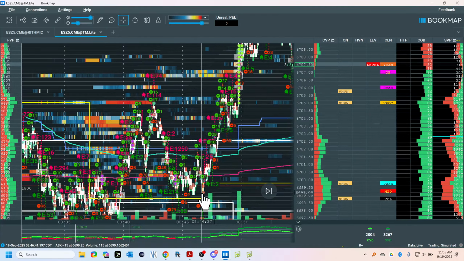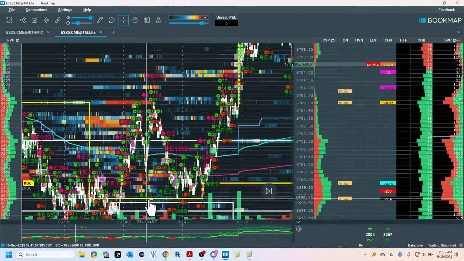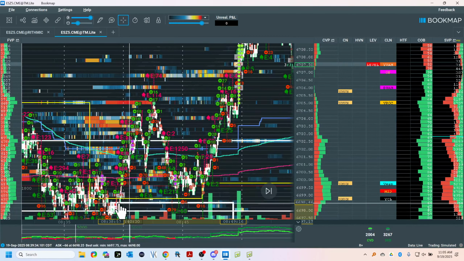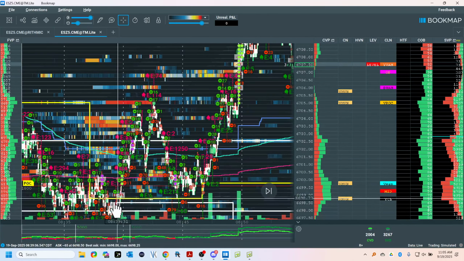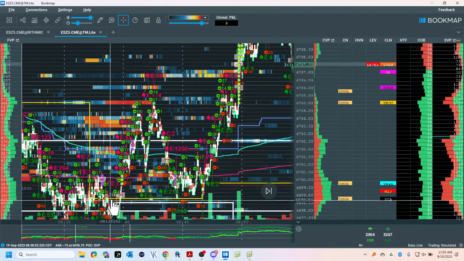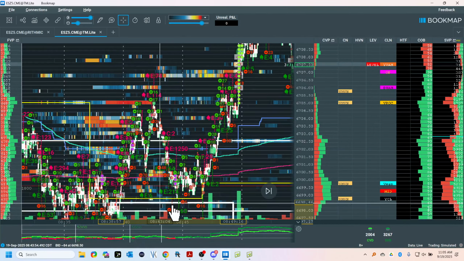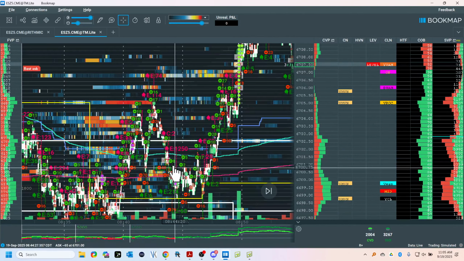Not what will happen. If I know where behavior might happen, I can anticipate it. I cannot predict it. I know what happened here. I know this is too low. I know the sellers got run over right there. So I know if I come back, and now I have a sell sweep.